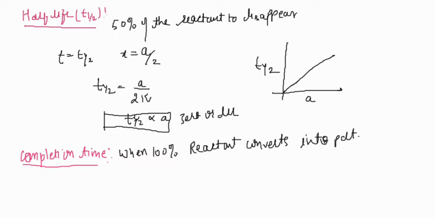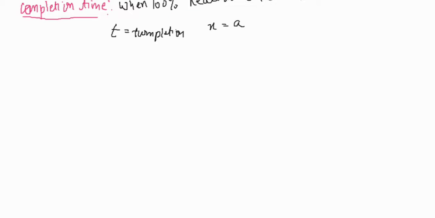Now we know t equals t completion when x equals a. So t completion becomes equal to a by k. Now t completion equals 2 into t half.